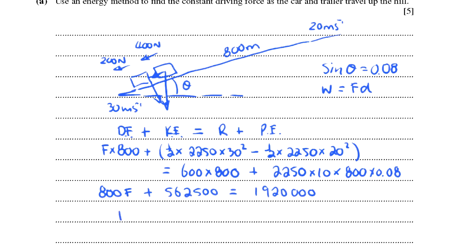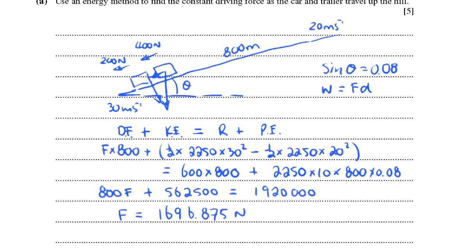All right, so our force, the driving force, is going to equal 1,920,000 minus 562,500, and then divide that by 800, and we get 1,696.875 newtons.